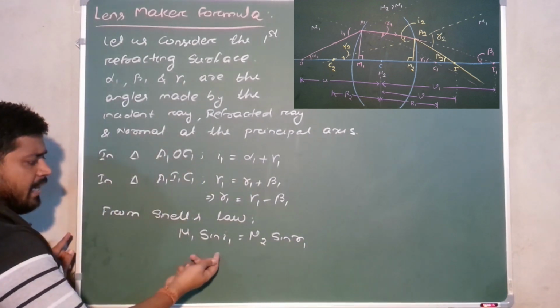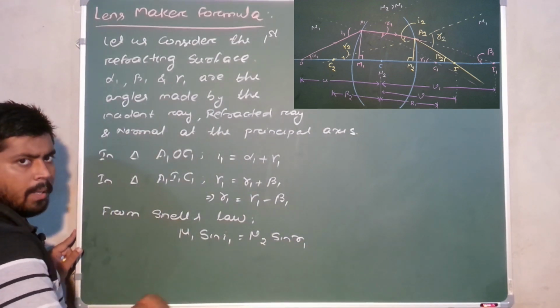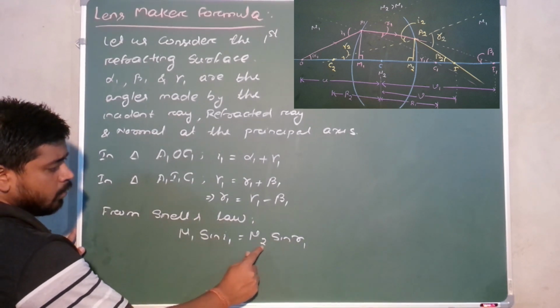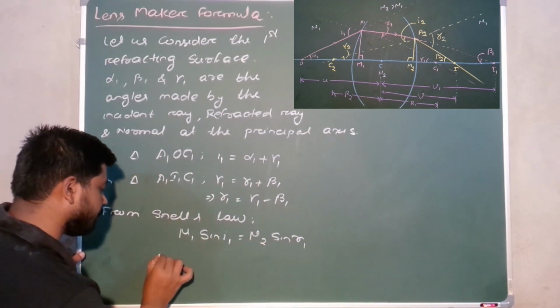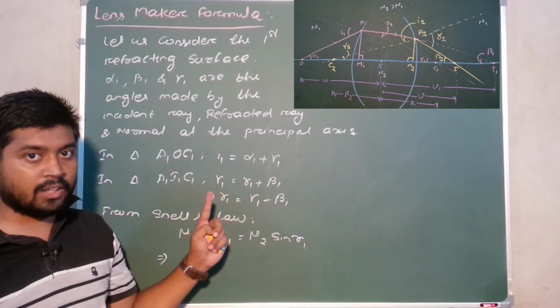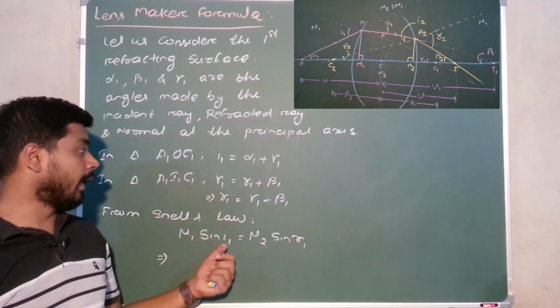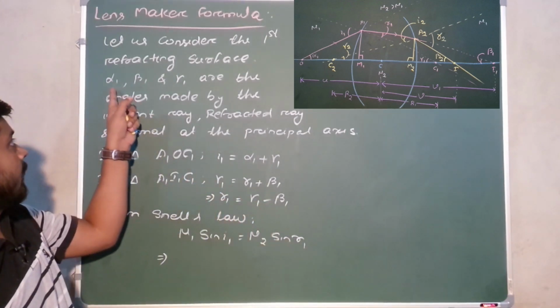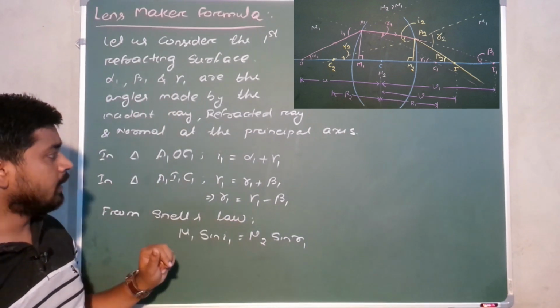That is sin I1 by sin R1 equal to mu 2 by mu 1. If you cross multiply this, we got mu 1 sin I1 equal to mu 2 sin R1. Then, as I said, here we take the thin lens, and this is the assumption: the angles alpha 1, beta 1, gamma 1 are very, very small.